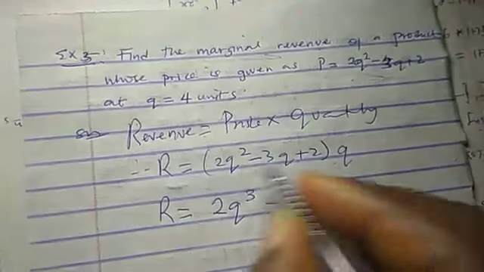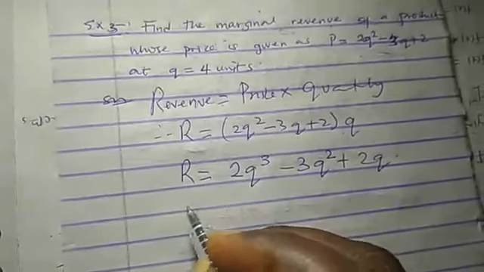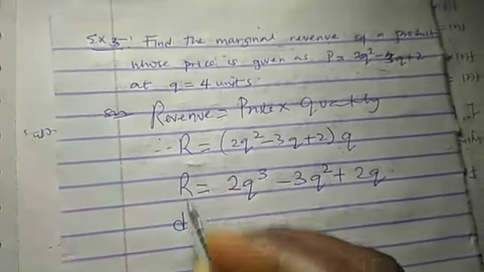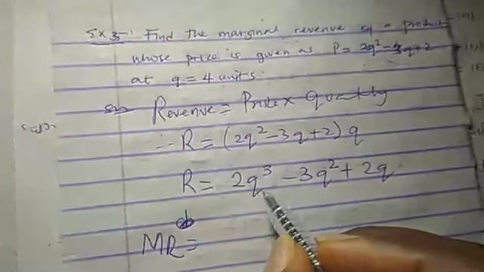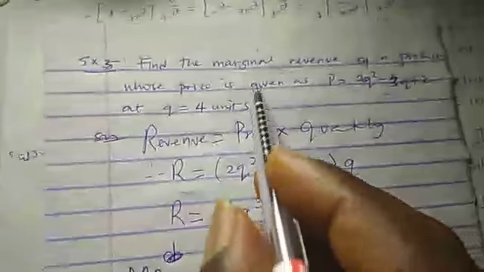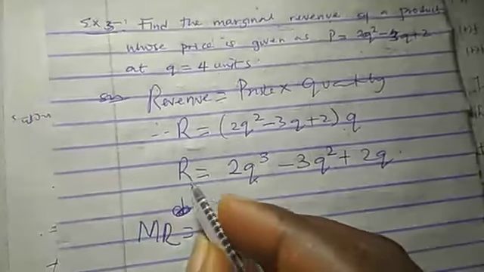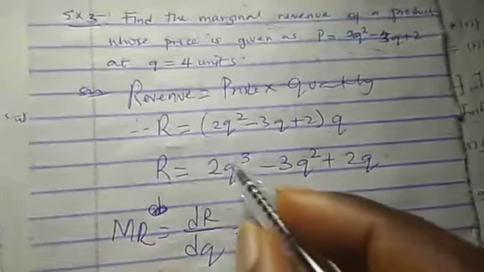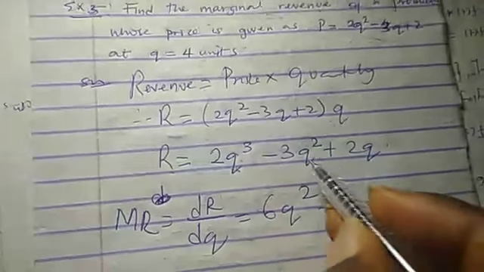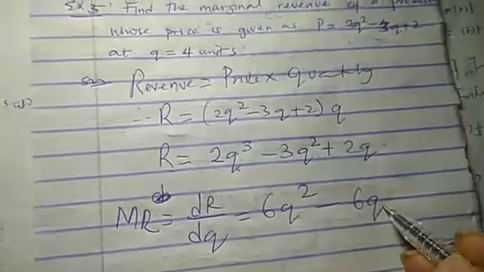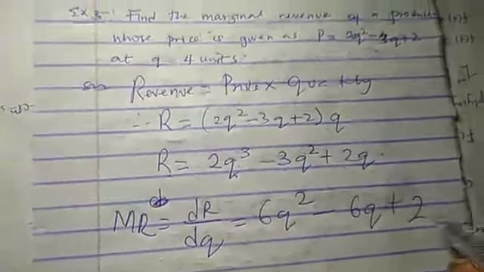Marginal revenue simply means I should differentiate this revenue function. That's the meaning of marginal revenue, and we have been doing that. This is how we write the differentiation, dR/dq. If I differentiate this, I will have 6q squared minus 6q plus 2.